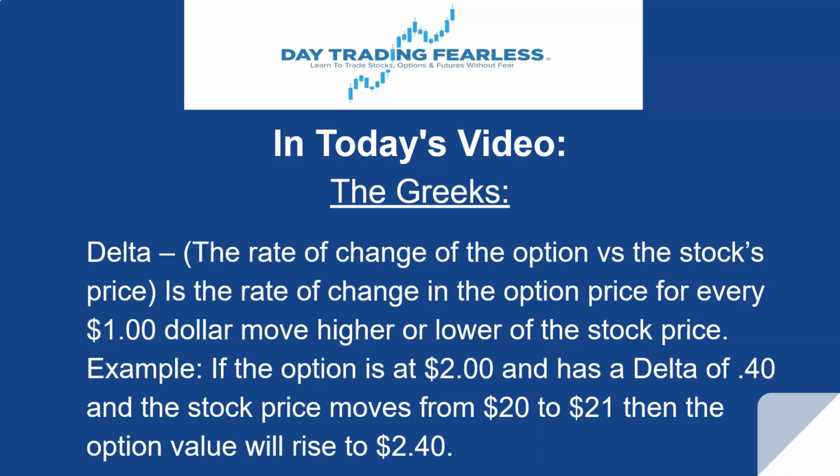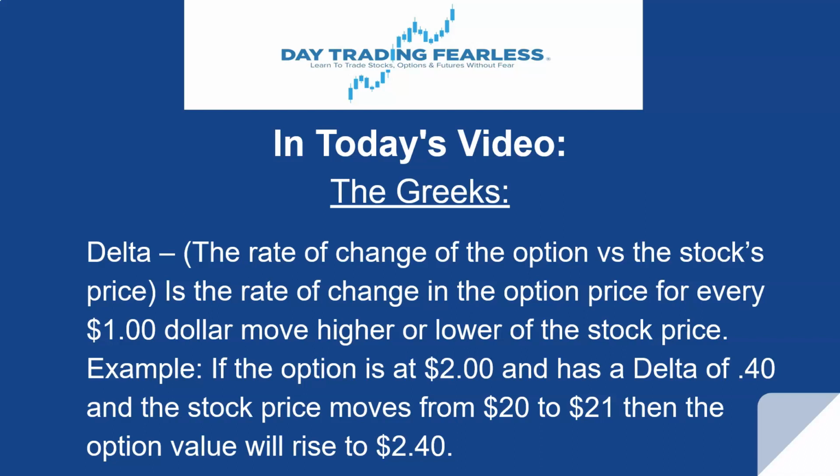The rate of change of the option versus the stock's price is the rate of change in the option price for every $1 move higher or lower of the underlying stock price.